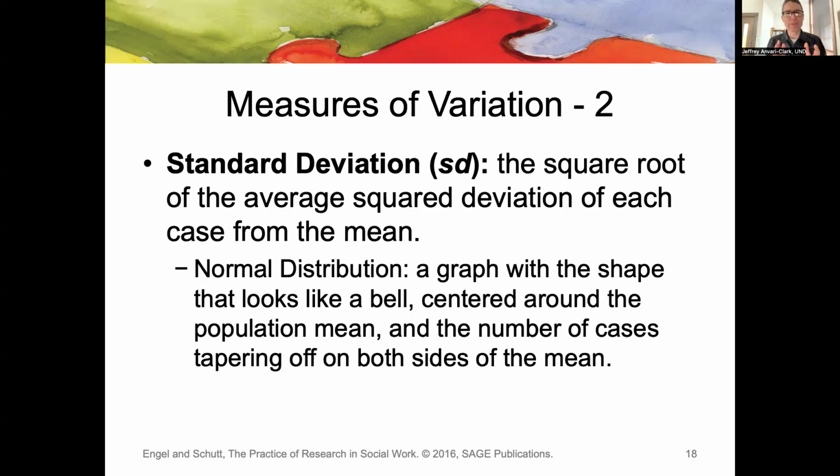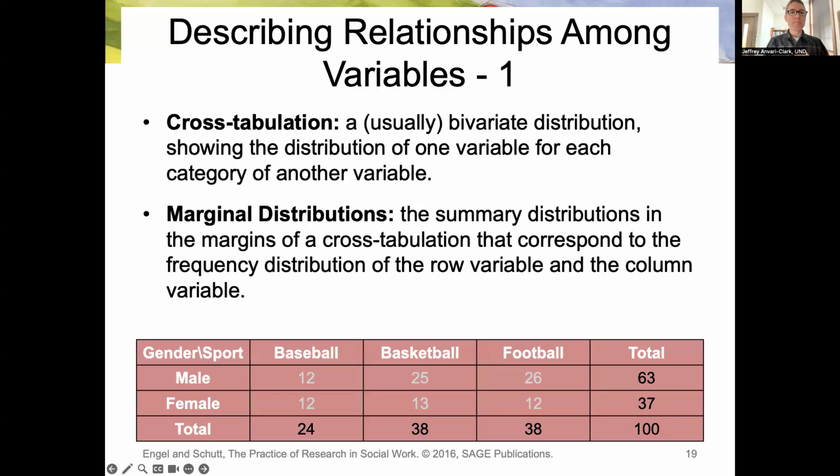Where are they most likely to fall on the scale? And then the number of cases off to either side is much less. So with all of that, we'll keep going.